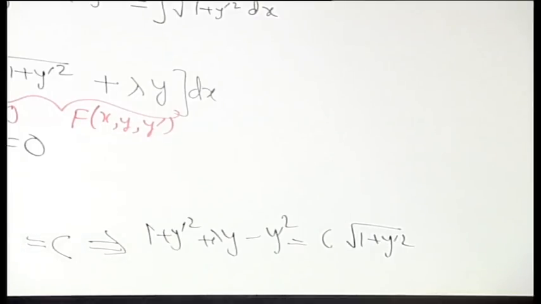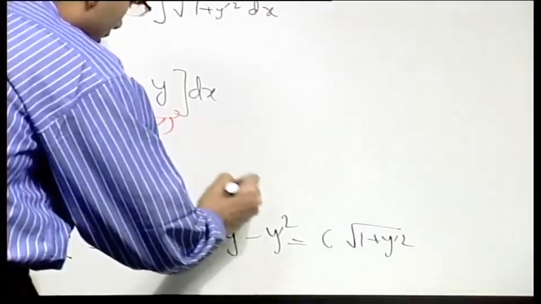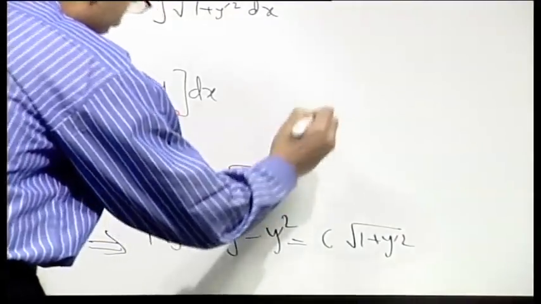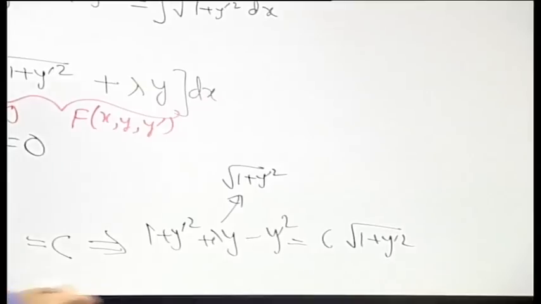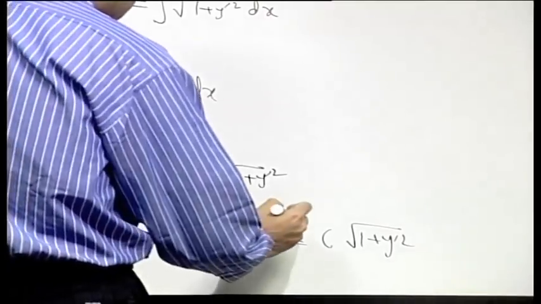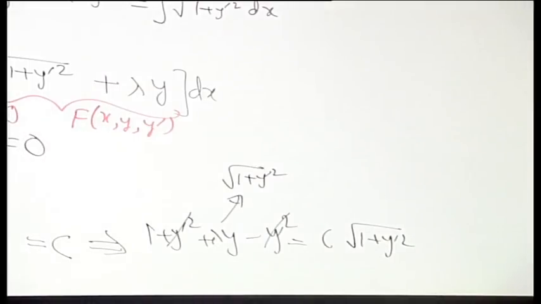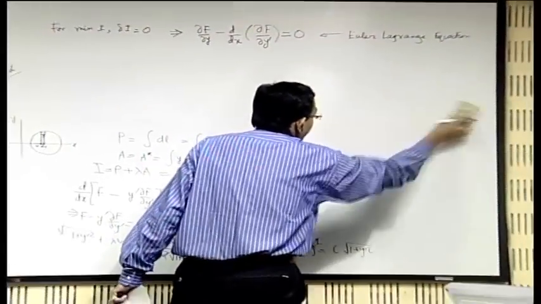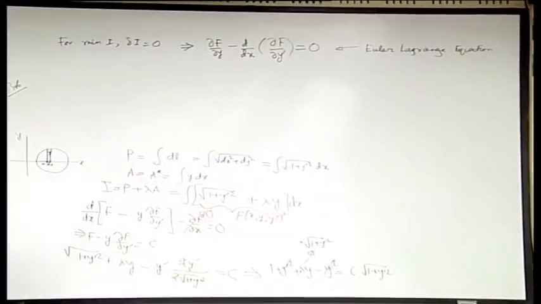Lambda y into square root of 1 plus y prime square. Then the remaining part is the mathematical simplification.